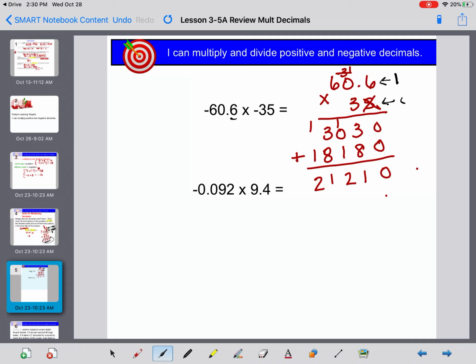In the first number, there's 1. In this number, there's 0. So I move the decimal a total of 1 place in. And then I need to add a comma. So my answer is a negative times a negative is a positive 2,121. The next one that you gave a try on your own, you should have written.